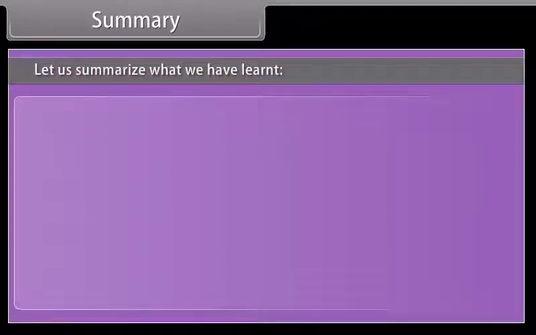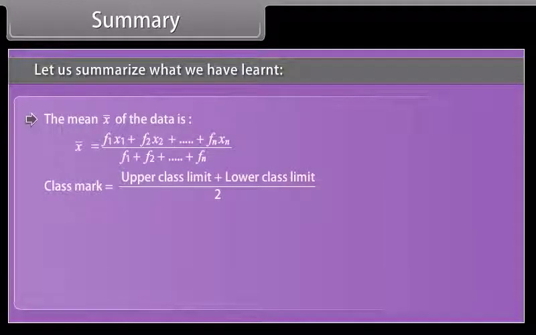Summary. Let us summarize what we have learned. The mean x bar of the data is x bar equals f1 x1 plus f2 x2 plus and so on plus fn xn by f1 plus f2 plus and so on till plus fn.